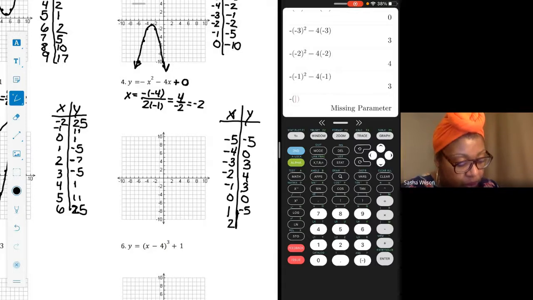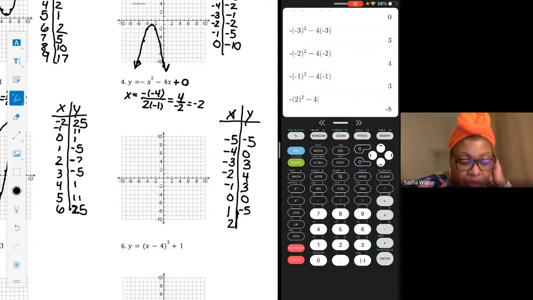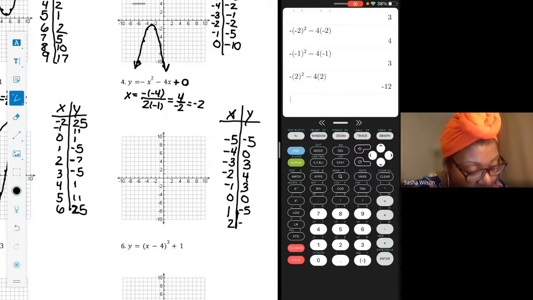It's really important to know how far you need to go. And the only way to do that is to continue making a table of values just to make sure that there were no more points that we could plot on this particular given graph. And then we didn't. And I get negative 12. So that's good. We have all the points on our graph that we can plot.